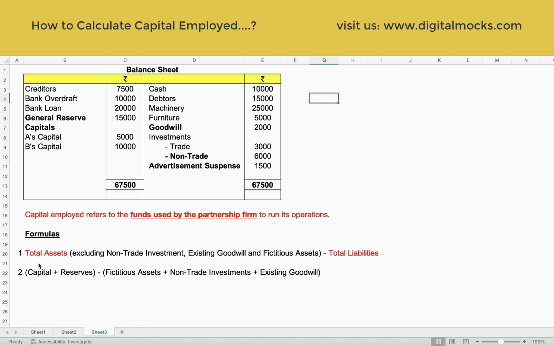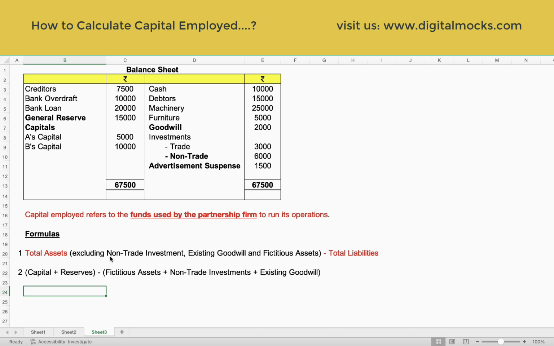Now there are two formulas actually to find out the capital employed. Both formulas we will use and the final answer will be the same. So first I am going to use the first formula. According to the first formula, first we have to take total assets, and when I say total assets, it means excluding non-trade investment.